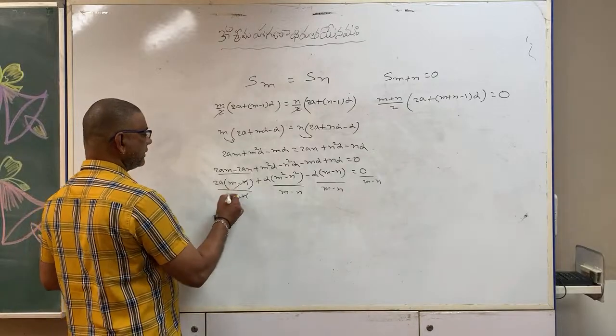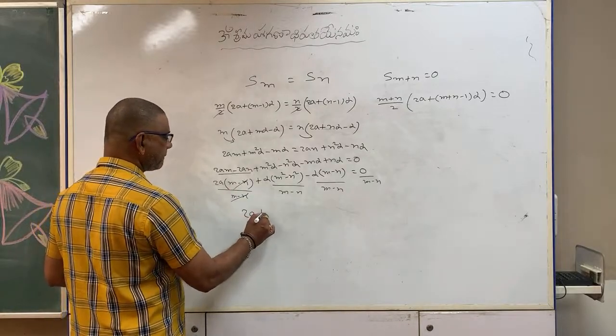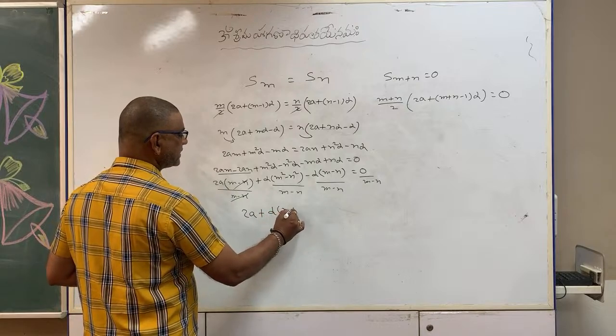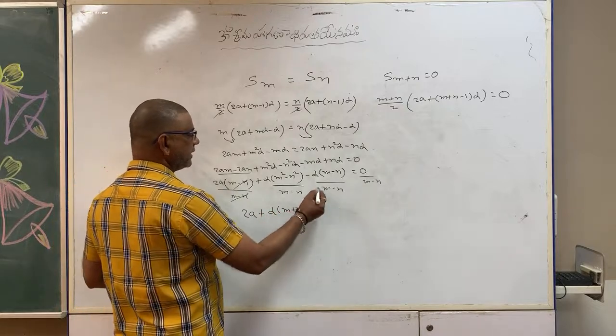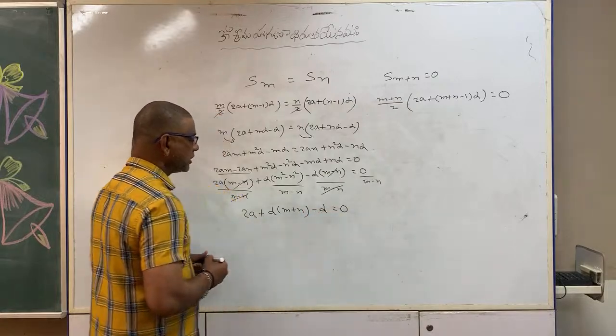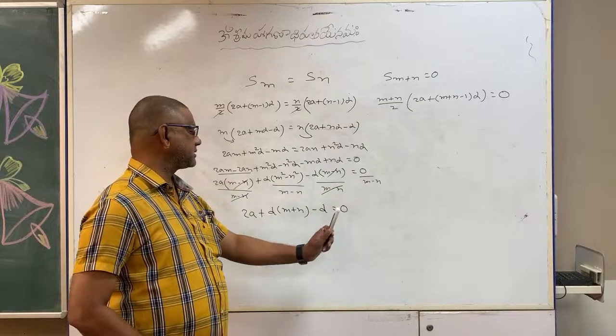Here m minus n cancels, leaving 2a, and here d times (m plus n), and here these two cancel, minus d is equal to 0. 0 by m minus n is 0.